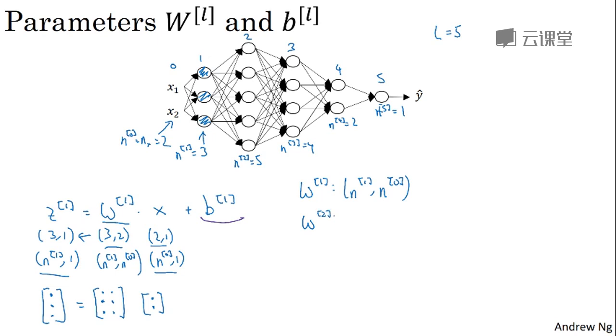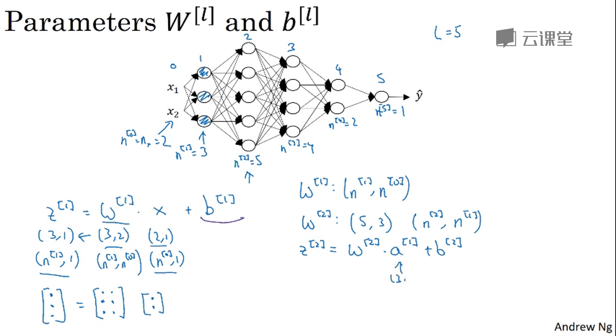So for example, the dimensions of W2 will have to be 5 by 3, or N2 by N1, because we're going to compute Z2 as W2 times A1, and again, let's ignore the bias for now.